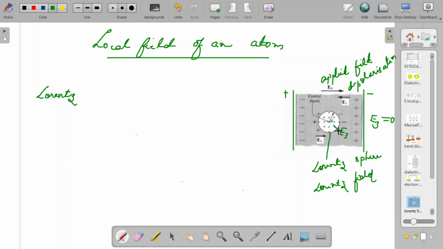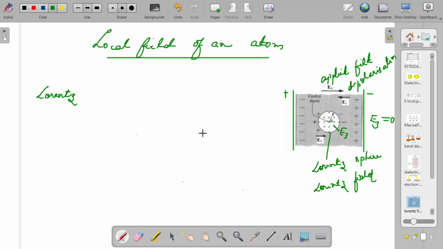So all these fields will be experienced by a dipole sitting at the center of the Lorentz sphere. A dipole sitting here will experience the applied field E0, the depolarization field, then the field on the surface of the Lorentz sphere, and that due to the interaction of the neighboring dipoles.